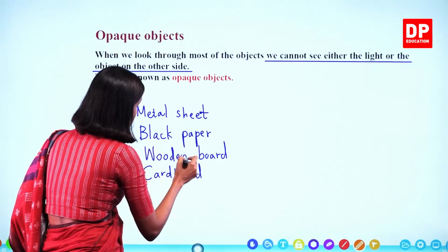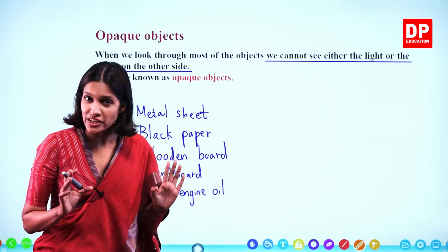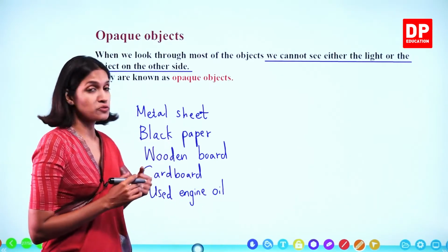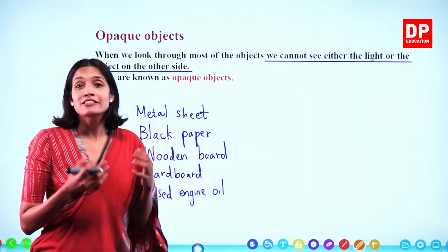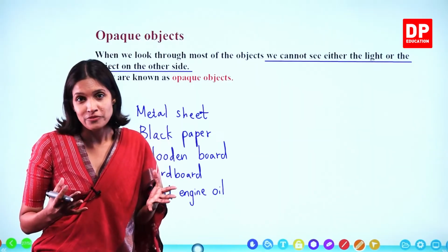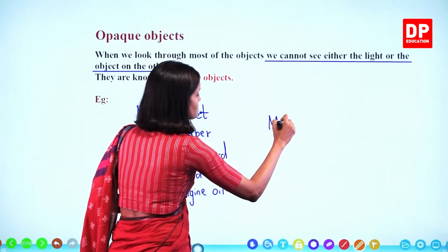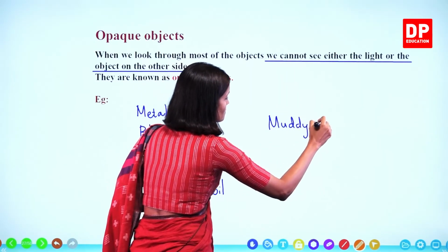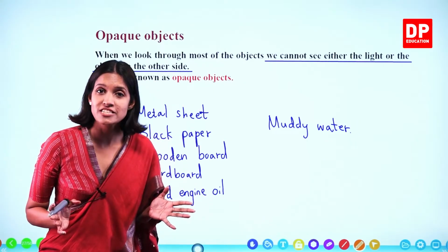From the liquids we used, we can write used engine oil. What about muddy water? You can't see through muddy water too, right? If the water is very muddy, in muddy puddles, you can't see the bottom of the puddle. That is because muddy water is an opaque material, right? So we will write muddy water.